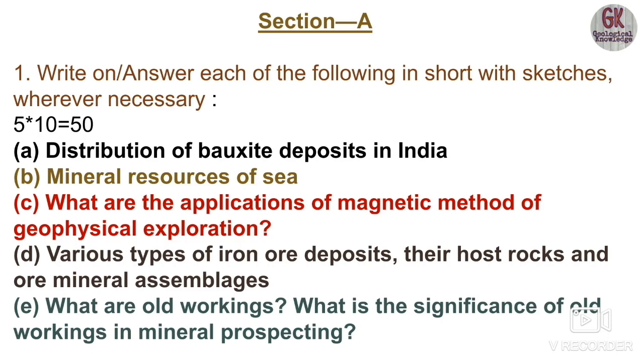As the name signifies, blanket means something lying above something. Pocket type means something occupying solution or erosional depressions in limestone or dolomites.